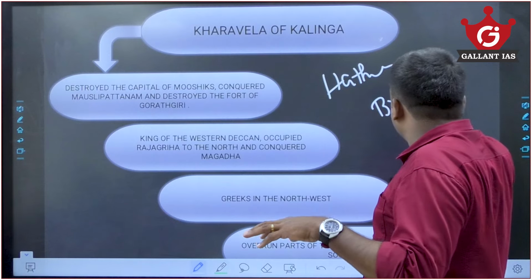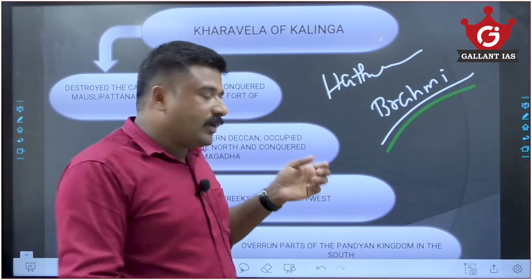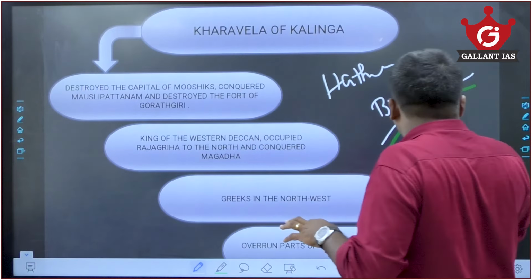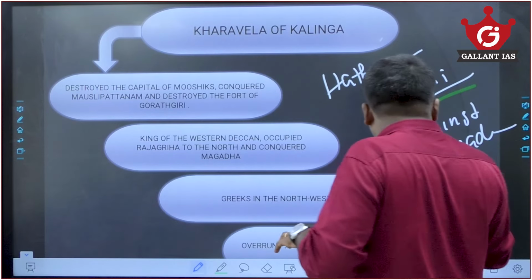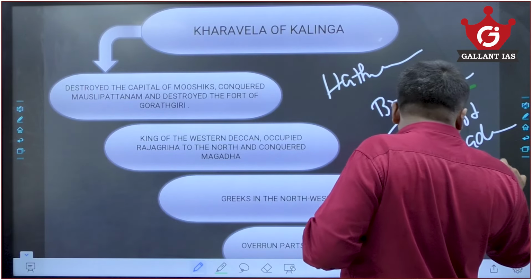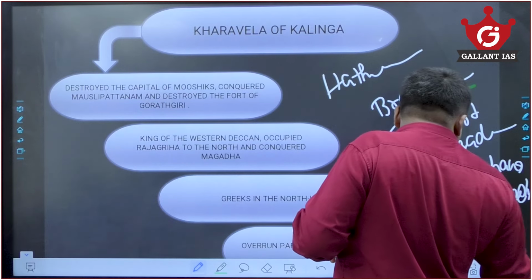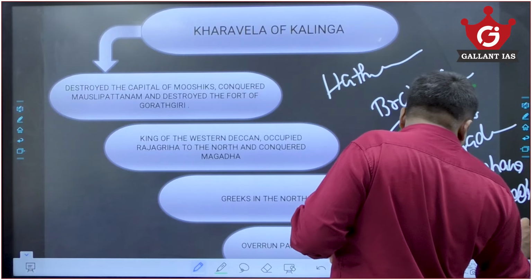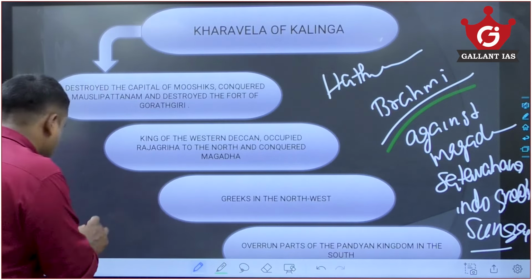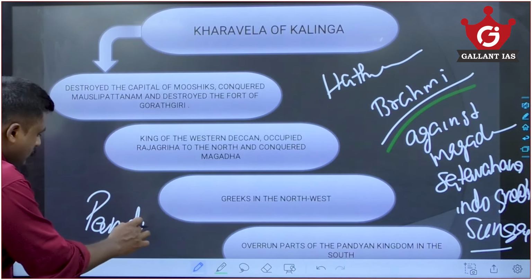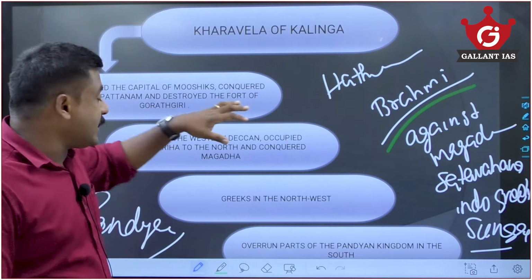He led wars against Magadha, against the Satavahanas, against the Indo-Greeks, against the Shungas. He went as deep south as the Pandyans. So, let's say that he is known for many of his military expeditions.